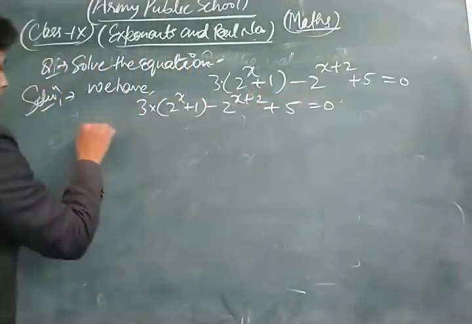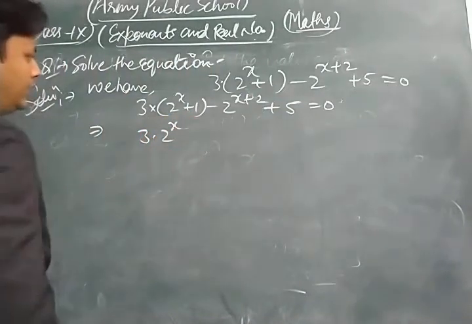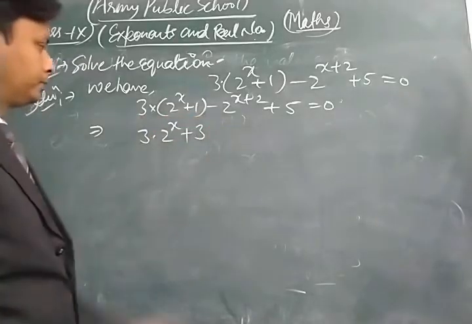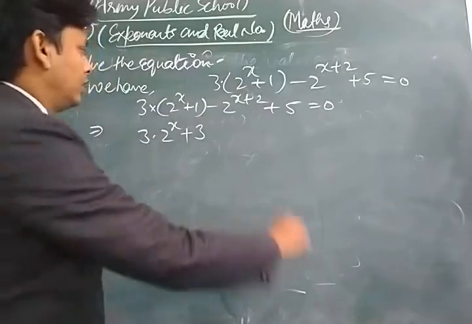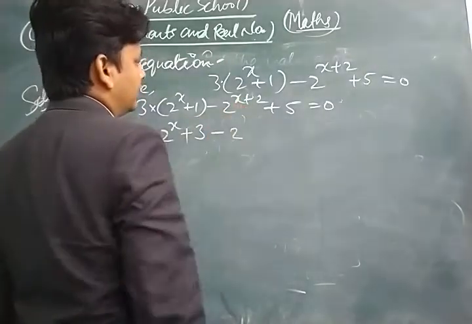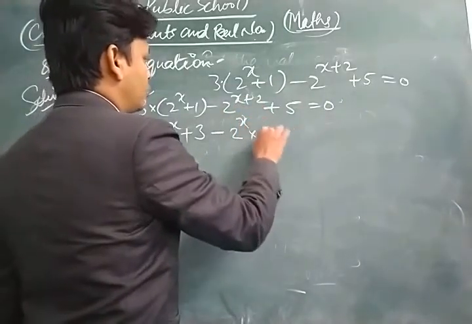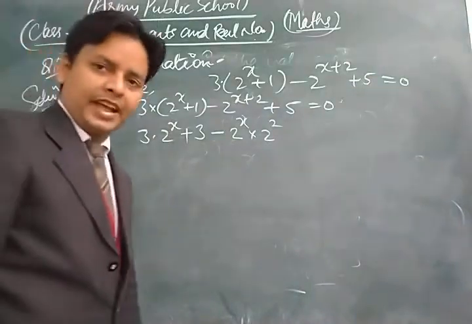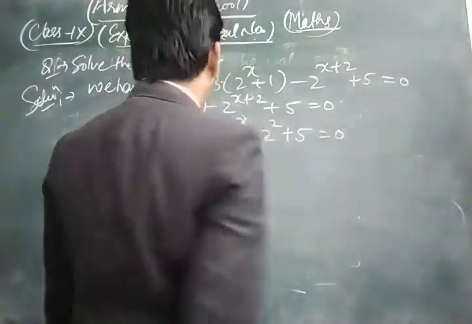Now we multiply, so we get 3 into 2 power x plus 3, minus 2 power x into 2 power 2 according to the laws of exponents, and plus 5 is equal to 0.